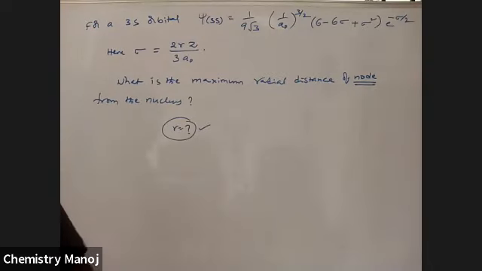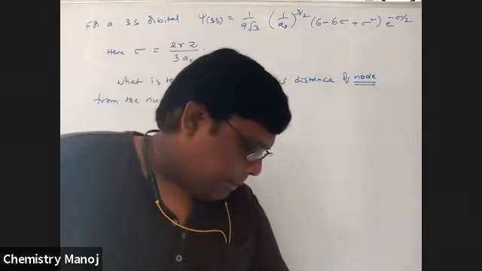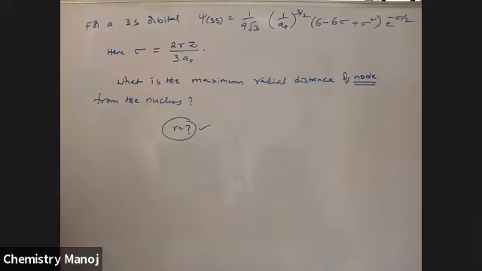Waiting for you. For the 3s orbital, atomic number we don't know, so the final answer is in terms of Z. A0 we don't know, so the final answer is in terms of A0. Give that relation.